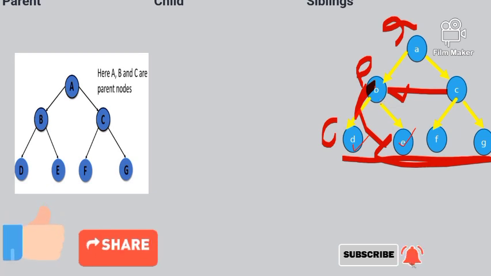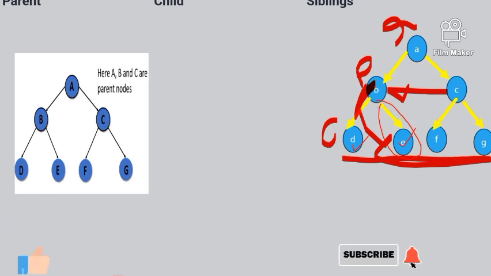If suppose I am not having this node, that means I am not having a right node, I am having only the left node. So this is also called a parent. Now root node, parent node as well as child node.